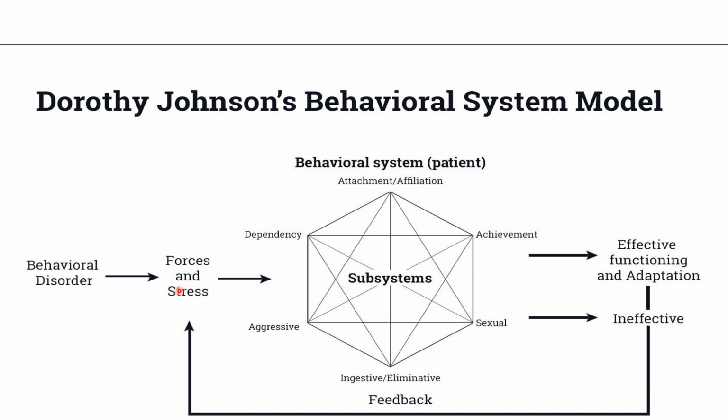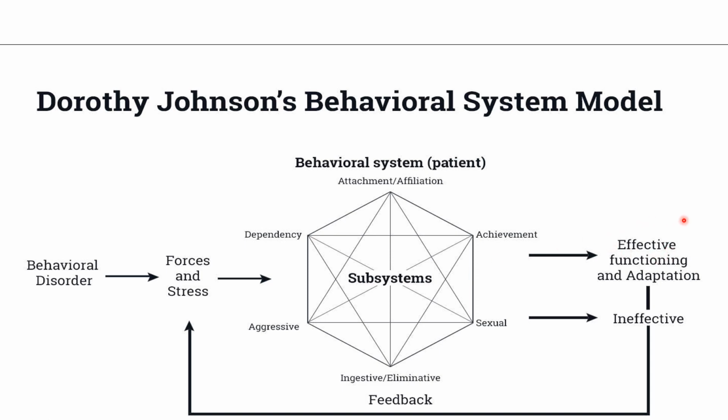That has resulted in some stress on the person. That stress and those forces will act on all the eight subsystems, and sometimes the person is able to cope or adapt.